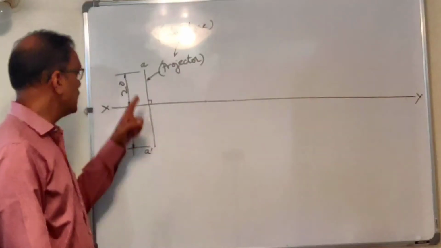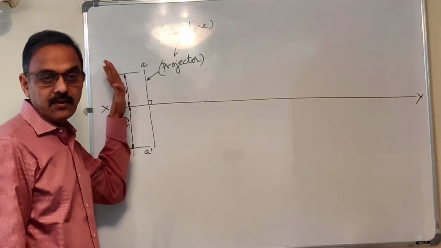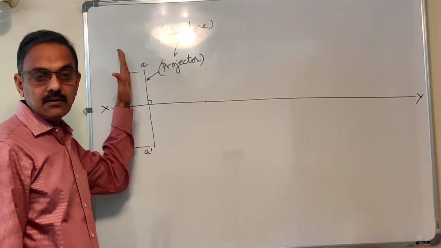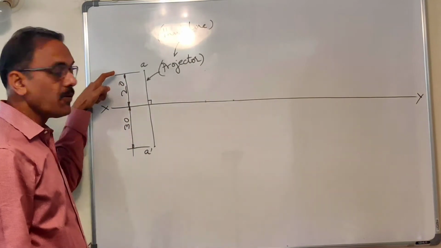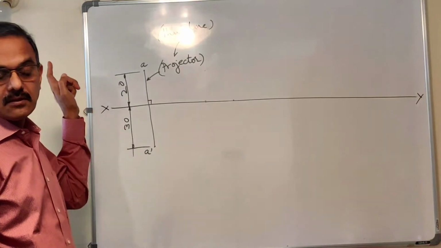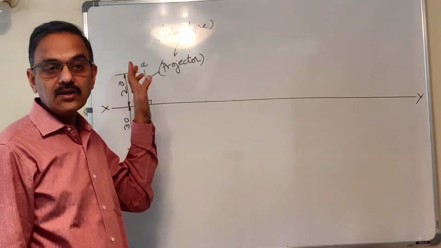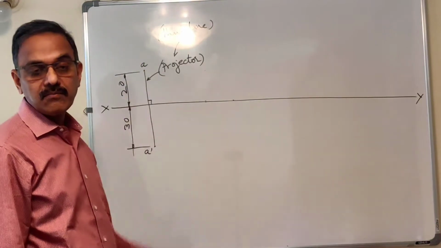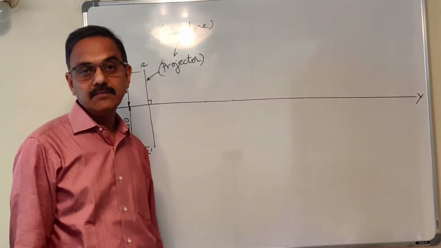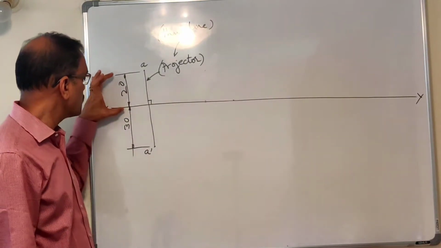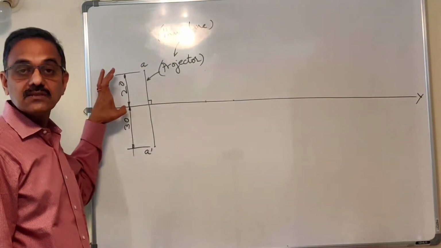Yes, let us take the top view first. Whenever you find a top view on your drawing sheet, the distance should have been from VP. If you recollect, in the first case, whatever distances I have shown, by representing a top view, that distance is from VP. So whatever distance I have shown here should have been the distance from VP.